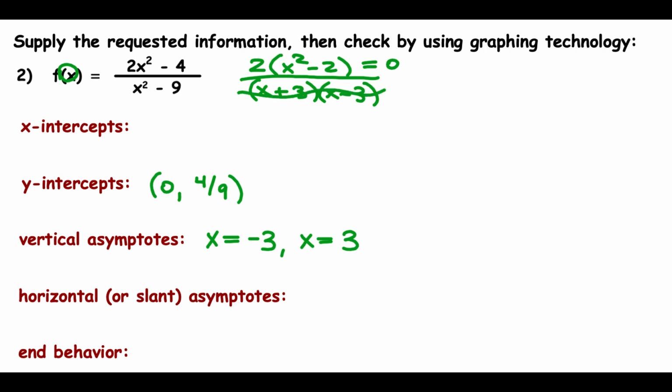And so x will be plus or minus square root of 2. And the square root of 2 is 1.414, just to give you an idea once we see the graph. All right, I'm going to come back to the horizontal or slant asymptotes and the end behavior later. Let's head back to that first page.